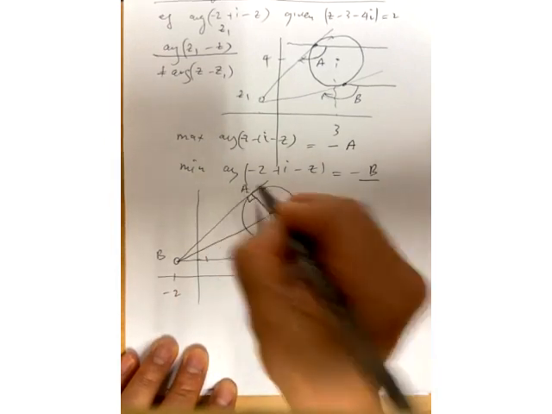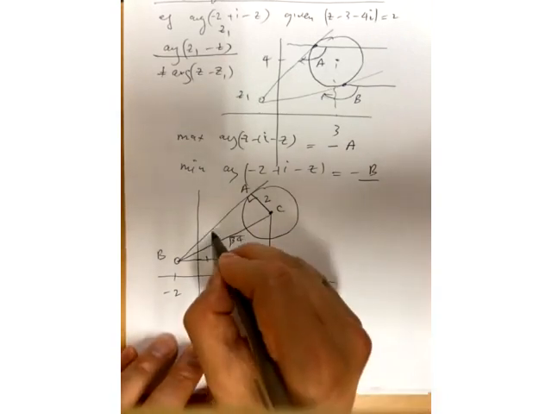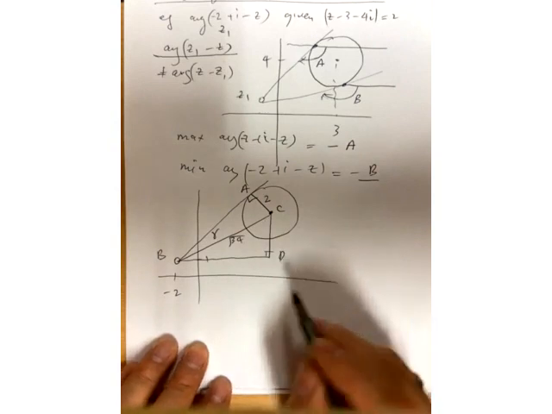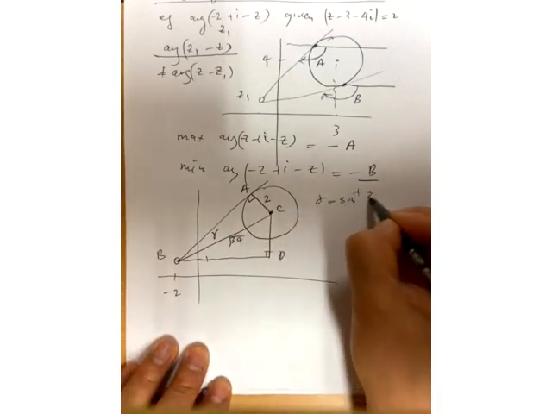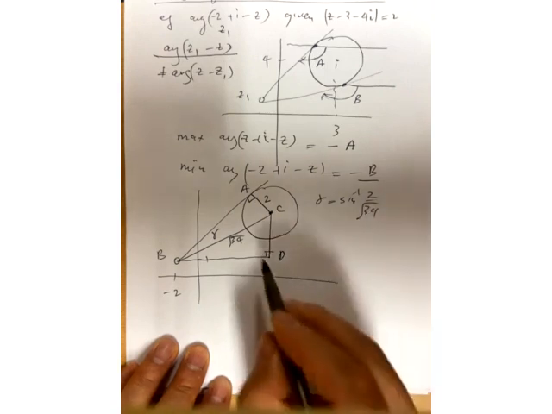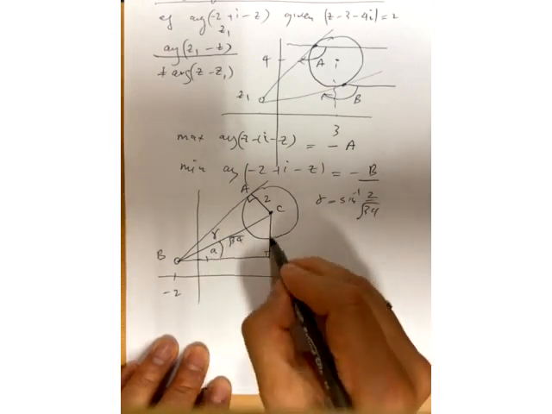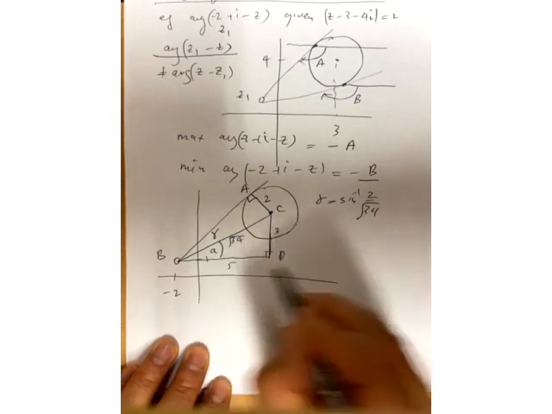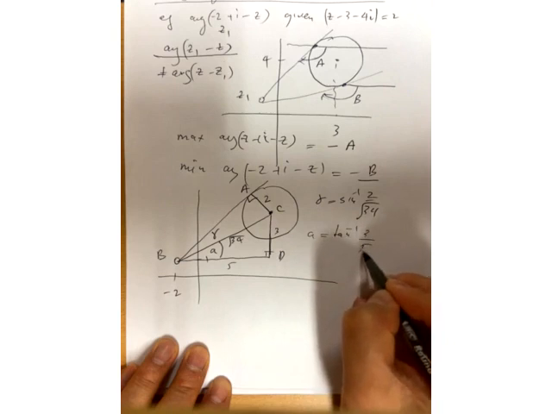Let me call this point A. This is root 34. So this gamma here we found before, that was sine inverse of 2 on root 34. This angle A here, because that length is 3, remember that one's 5, so A is tan inverse of 3 on 5, as we worked out earlier.